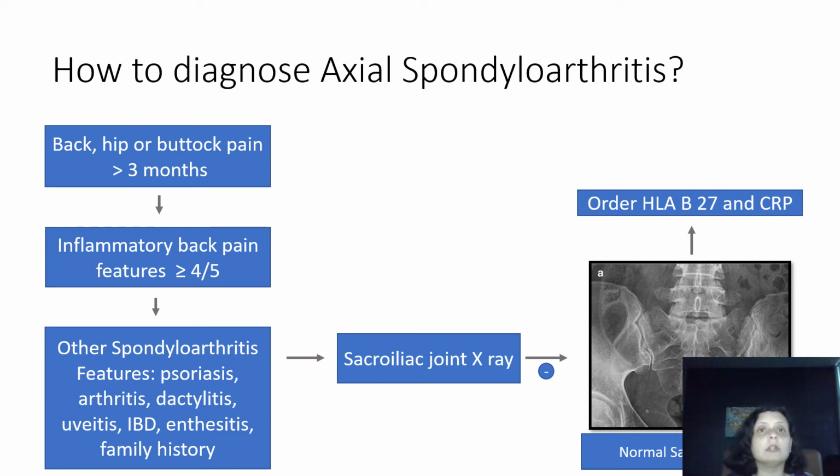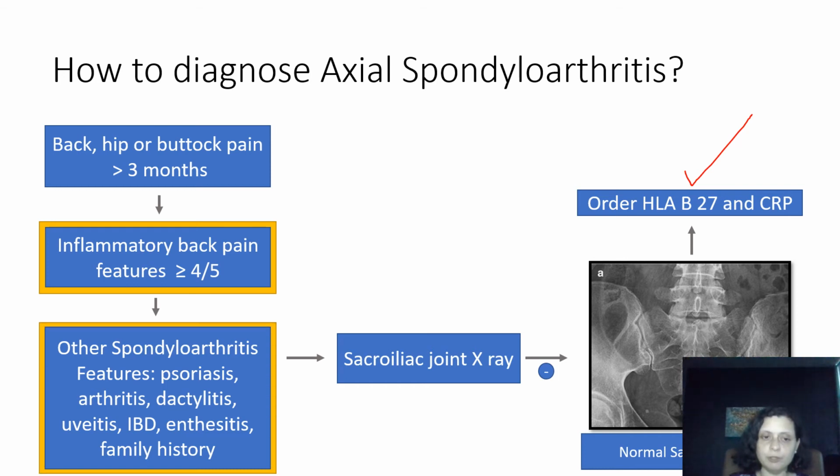You look for other evidence, okay? So at this point, you might want to order an HLA-B27 gene test and a CRP, that is an inflammatory marker, okay? So that's what you order, and just concentrate on these 3 things, right? Because now the X-ray did not show you much, so you have to look for some other clues.